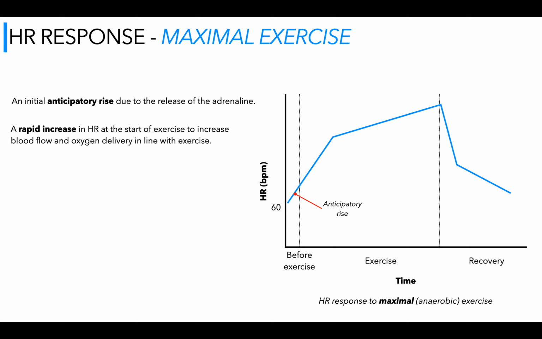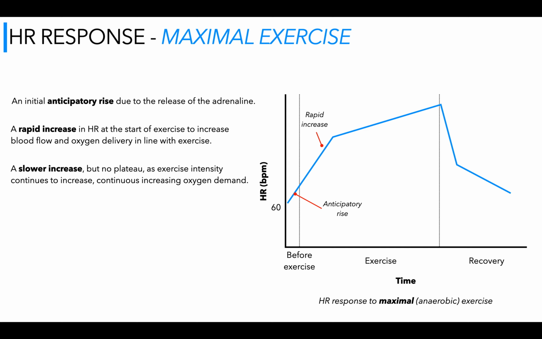So the heart rate rapidly increases to get oxygen delivery in line with the exercise. But because the exercise intensity is going to continue to increase, so is our heart rate, but at a slower increase. It's actually quite difficult in some sense to get your heart rate to exactly 220 minus age. It just takes a little bit longer.